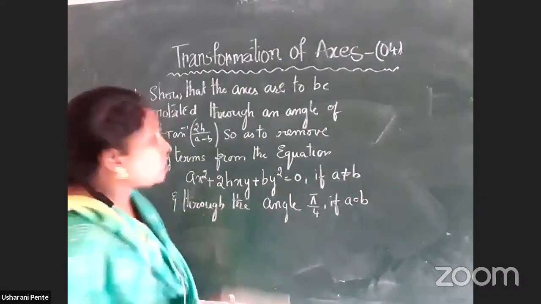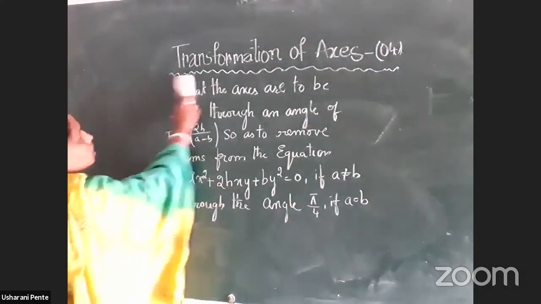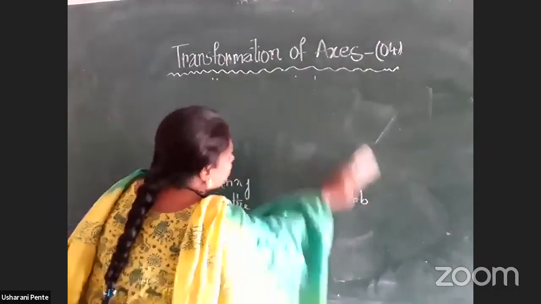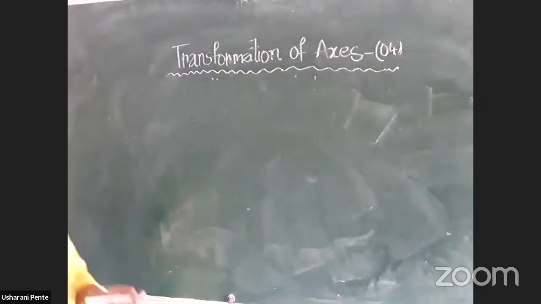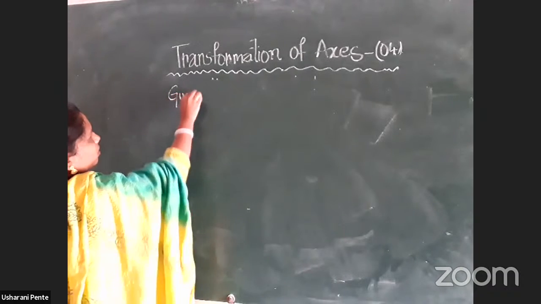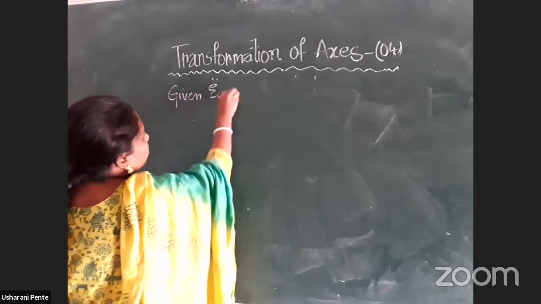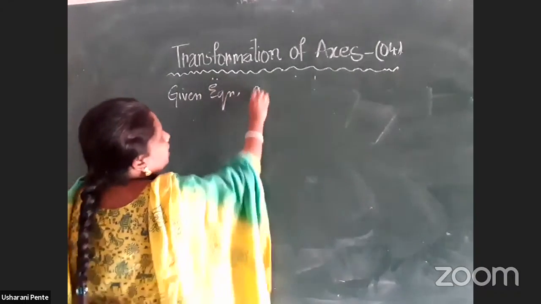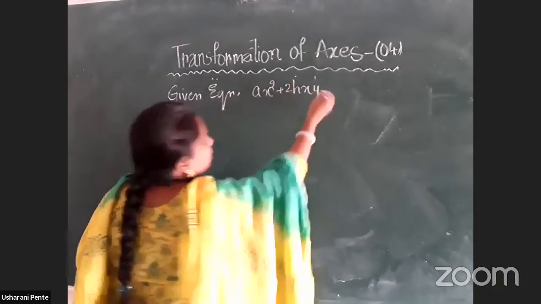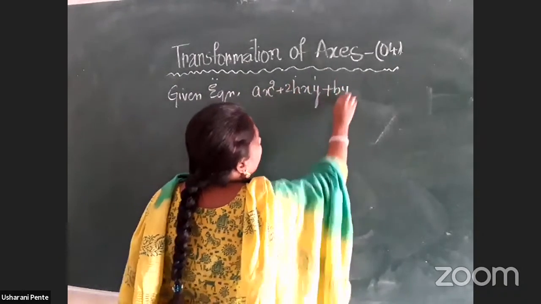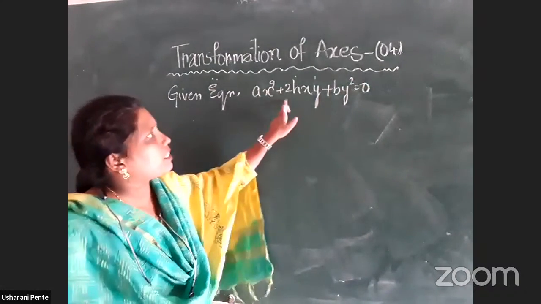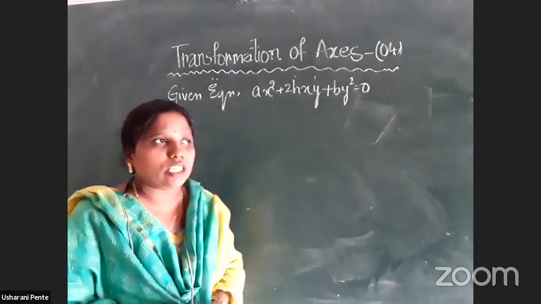So now we will see the solution for this. The given equation is ax square plus 2hxy plus by square is equal to 0.